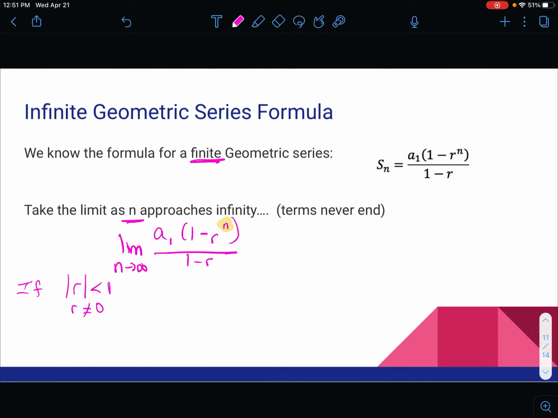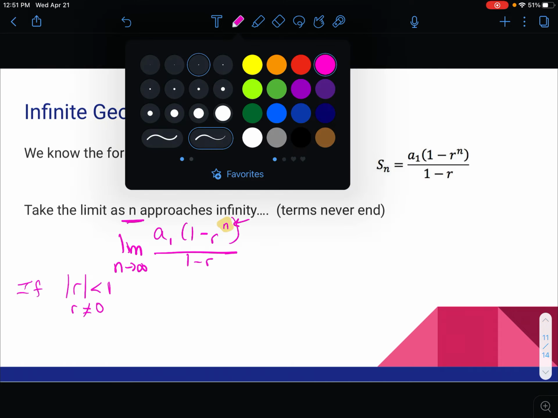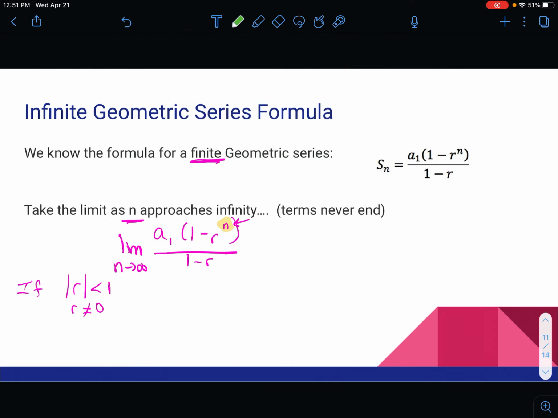If the R value, the absolute value, is less than 1, we're thinking of something like a half or a negative 1/2, and we plug in a huge number up here. That R to the n is going to approach 0. And go ahead, type in 0.5 to 100. What do you get? In parentheses, negative 0.5 to 100. What do you get?